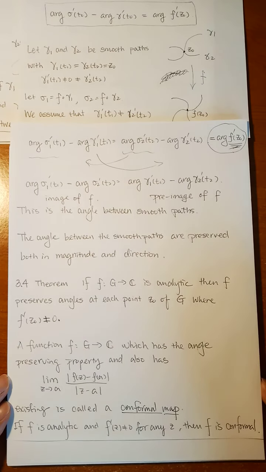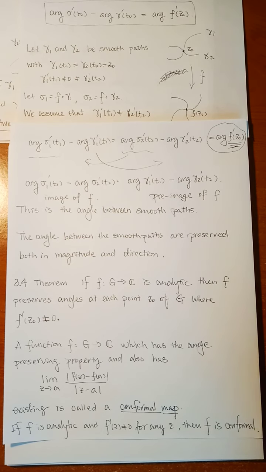So analytic functions are conformal maps. It's a map that preserves the angles. And in future arguments, you may see that conformal map is another name for analytic functions. All the conformal maps must be analytic functions. So this is another equivalent statement, but we may not have time to prove that in the future.